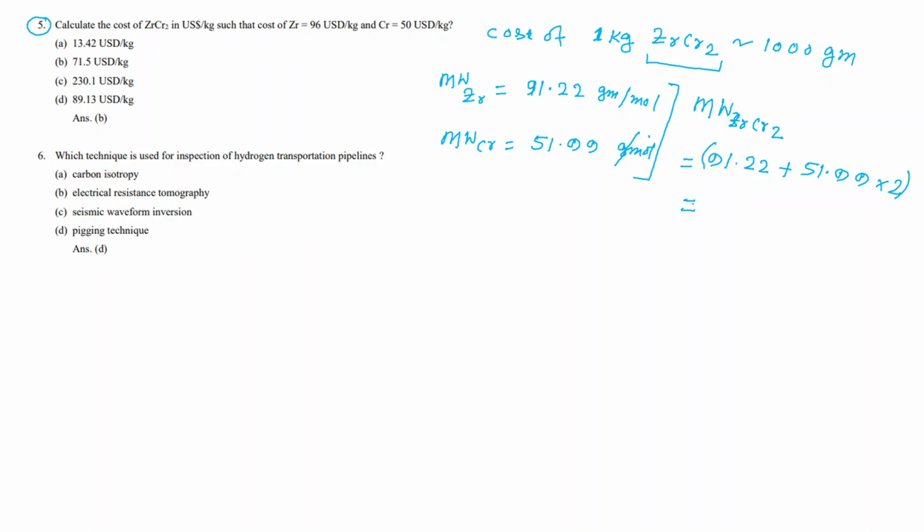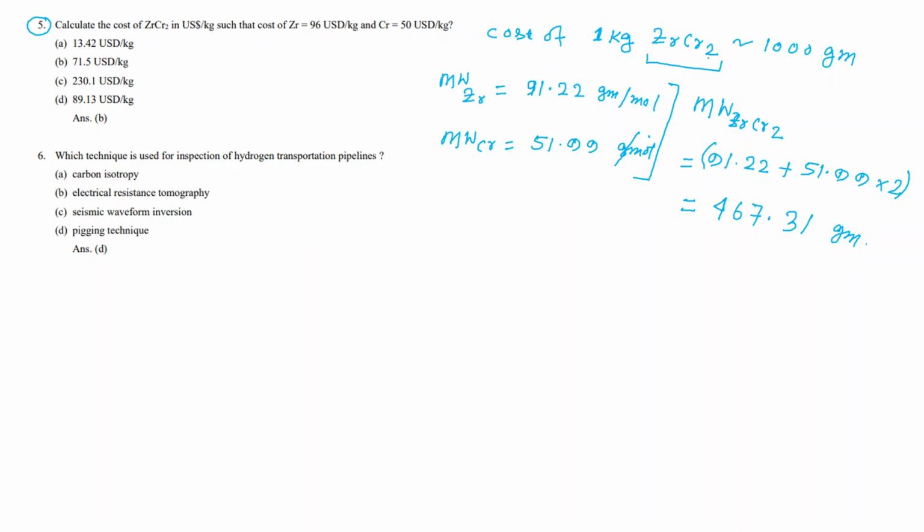So it comes to 467.31 grams. So the molecular weight of ZrCr2 is 467.31 grams.